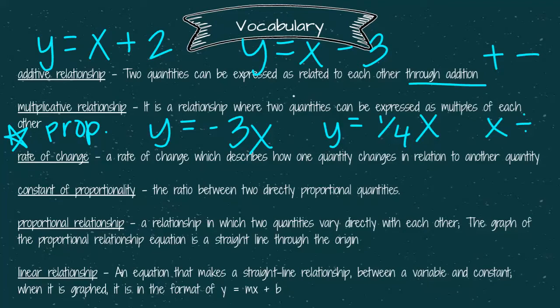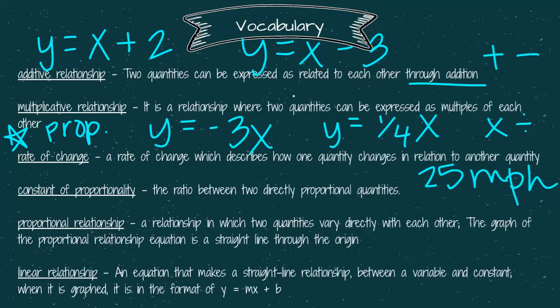Our next vocabulary word, which is actually new to 7th grade math, is rate of change. And a rate of change is something that describes how one thing changes in relation to another. So for example, 25 miles per hour. This would be a rate of change where I'm changing 25 miles every 1 hour.